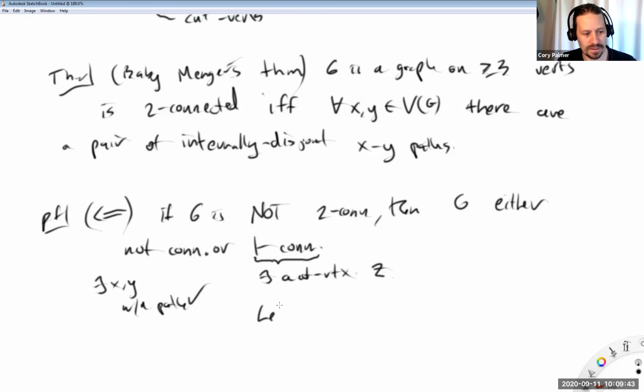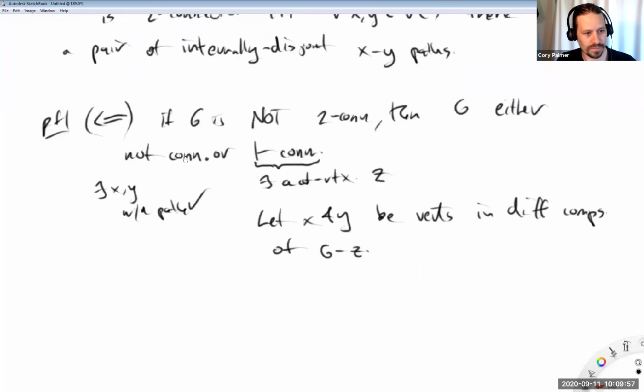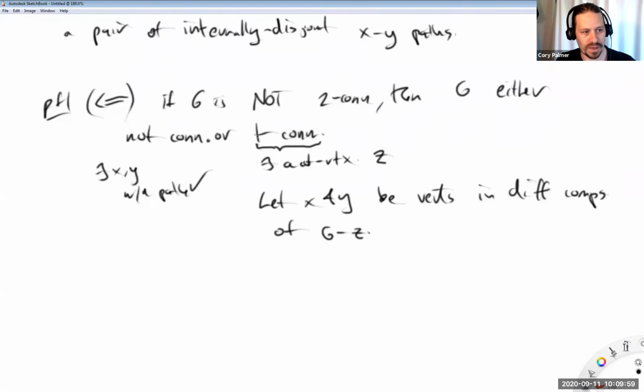And now let x and y be vertices in different components of G minus z. Because it's not 2 connected, there exists a cut vertex. If I remove a cut vertex, the graph is no longer connected.